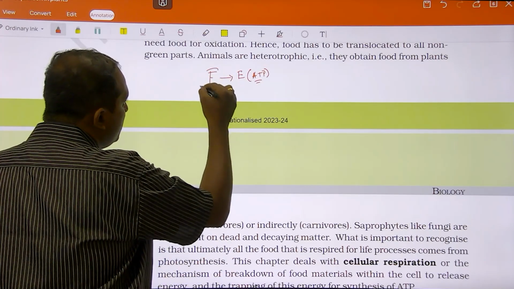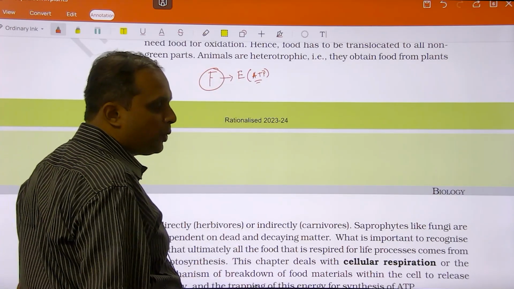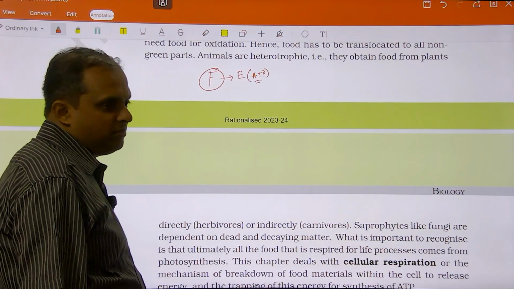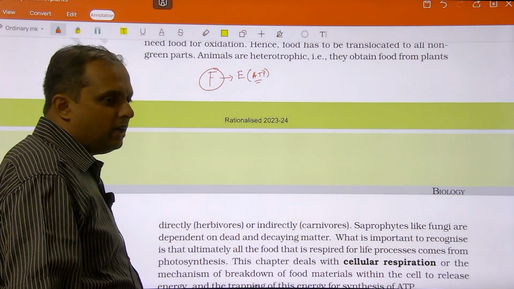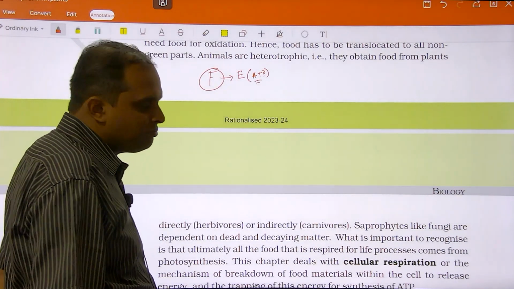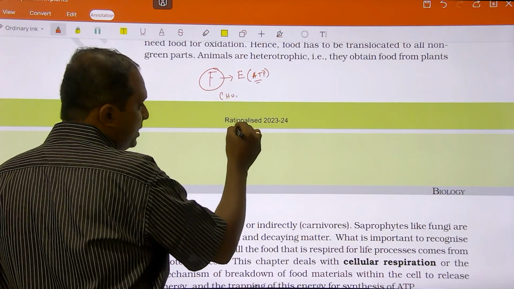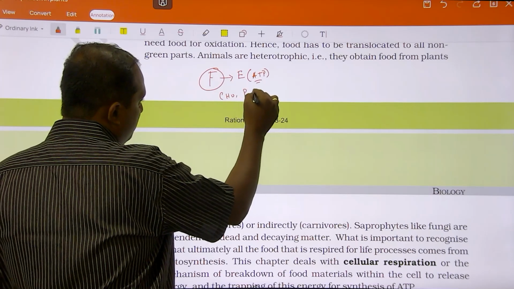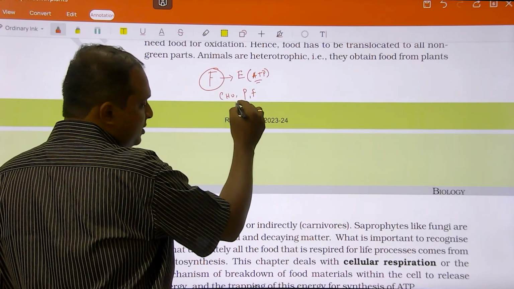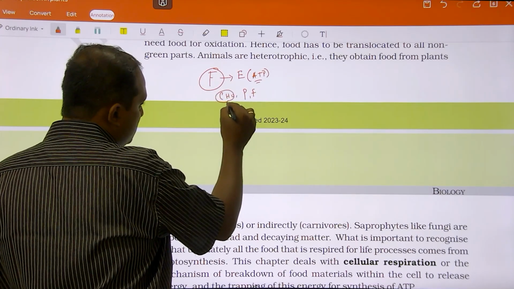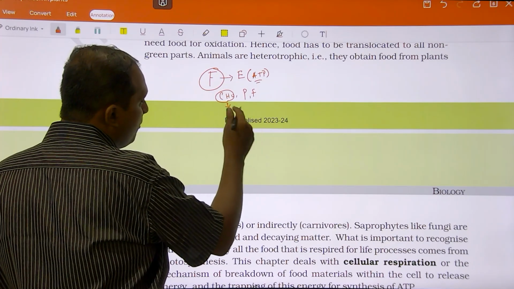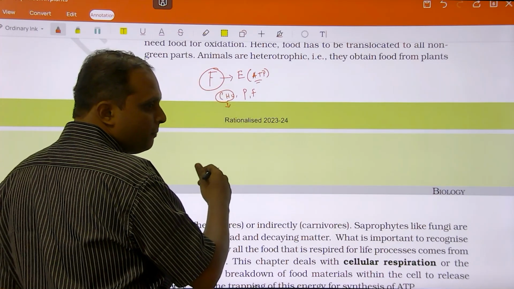Now this food, what could be the probable candidates for this food? Carbohydrate. So what else do you eat to get energy? Protein, fat. These are all the probable candidates. Among carbohydrates, which is the principal carbohydrate you see here?